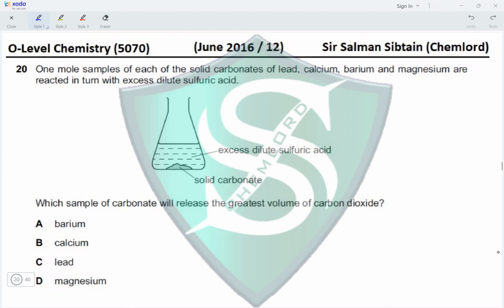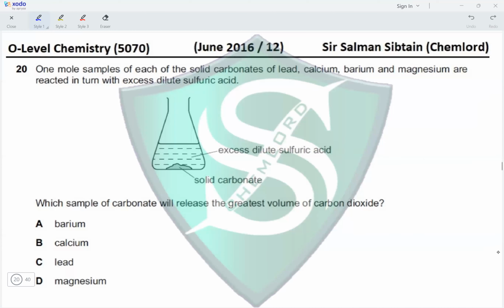So we've got barium carbonate, calcium carbonate, lead carbonate, and magnesium carbonate. Now, when the carbonates react with the acid, they will form sulfates. Barium sulfate is insoluble, calcium sulfate is insoluble, lead sulfate is insoluble, whereas magnesium sulfate is soluble.